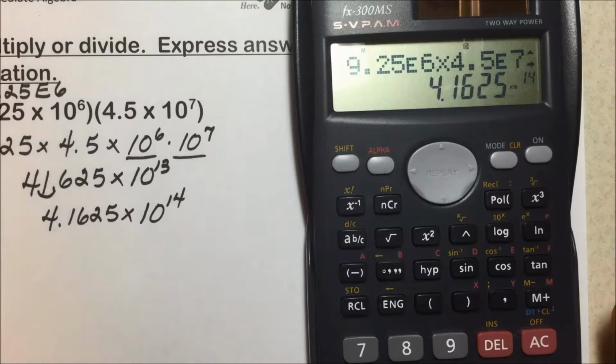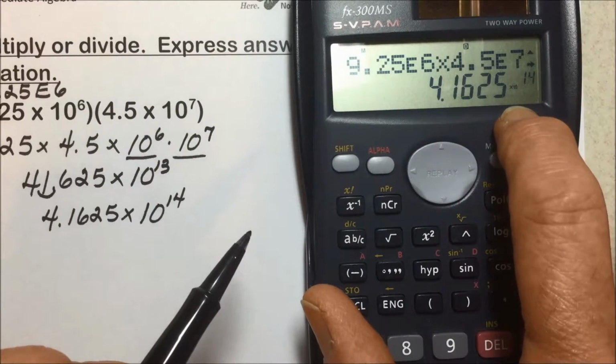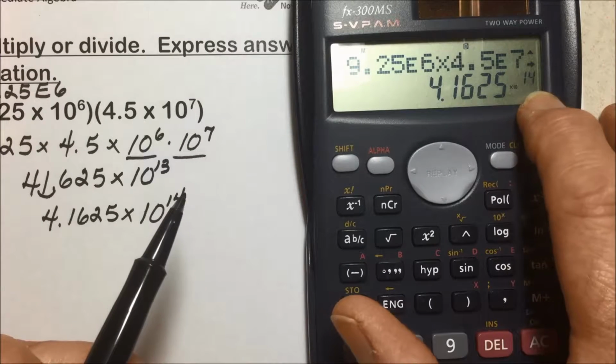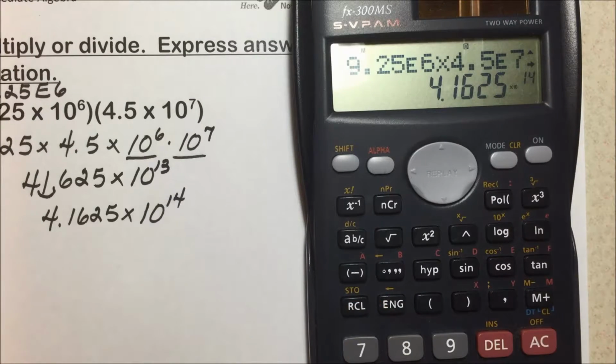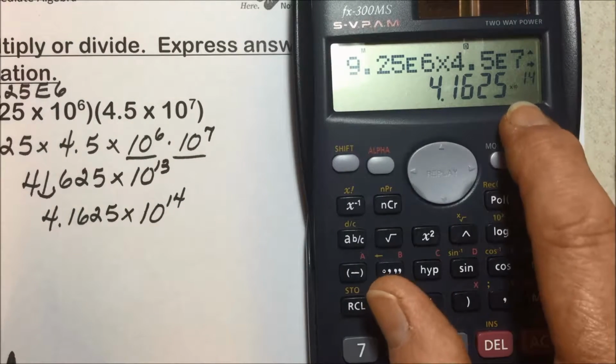And on the display, and again, different calculators represent this differently, it's 4.1625, and I have a little times 10 there. May not be very clear, but I have a smaller 14. That's the exponential power. Some calculators will not put the times 10.